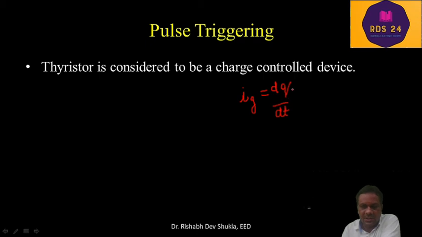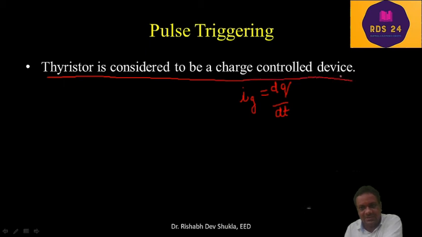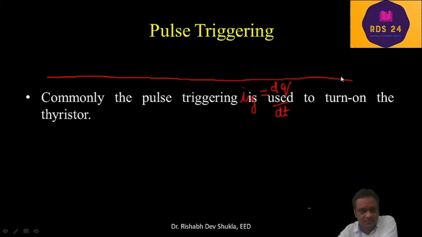So indirectly we can say that the thyristor is considered to be a charge control device. Commonly we are using the pulse triggering methods to turn it on, very commonly.